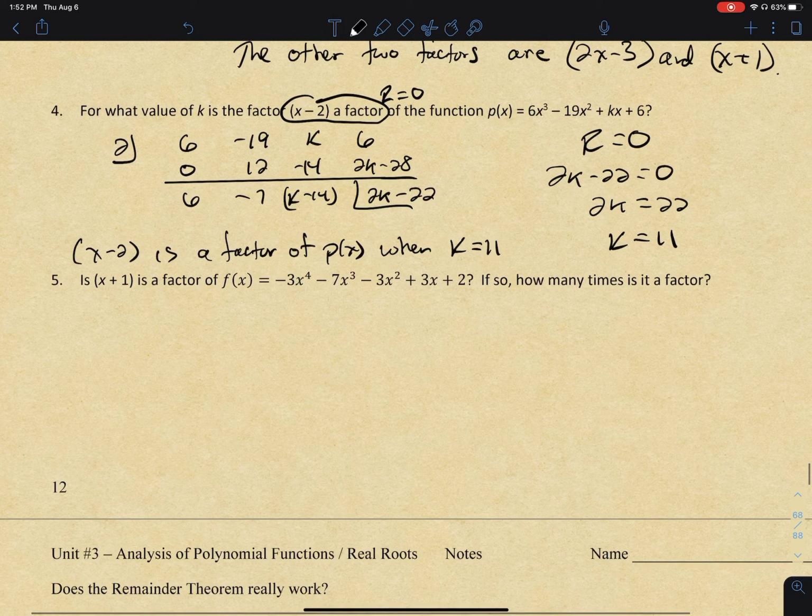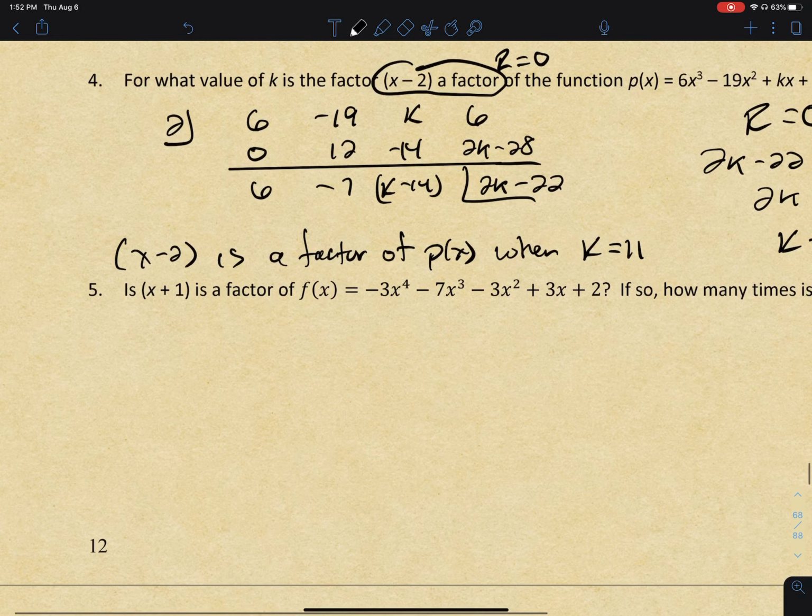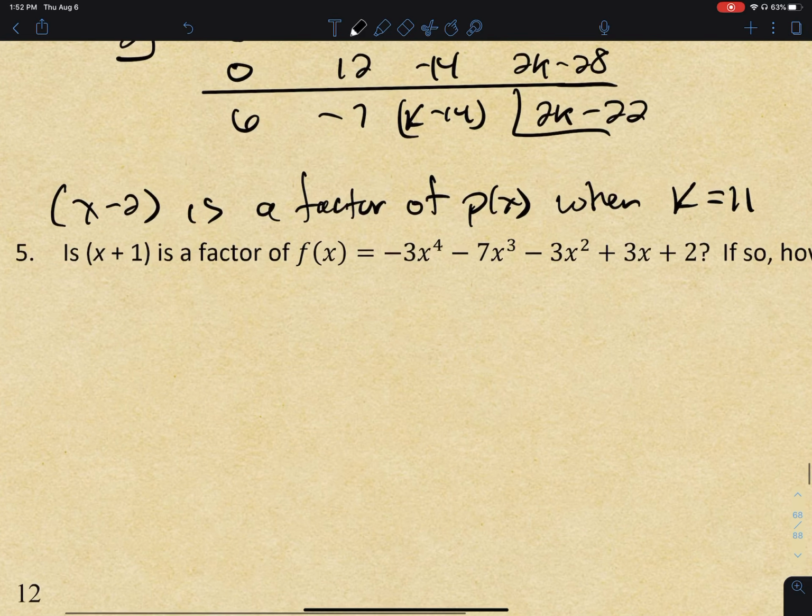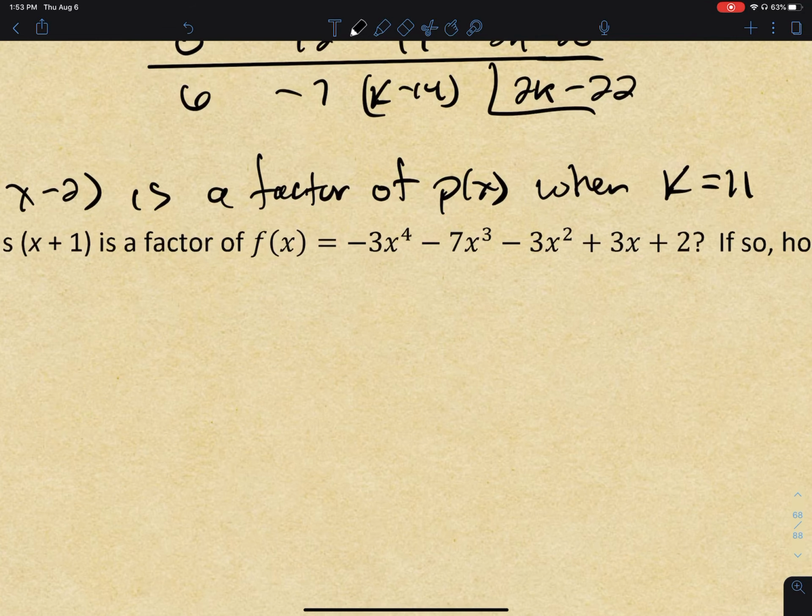Last one. Is x plus 1 a factor of this? If so, how many times is it a factor? Well, that's interesting. Well, let's see. If x plus 1 is a factor, then that means negative 1 is a 0. So let's see if we divide this by negative 1, if it's going to go evenly.